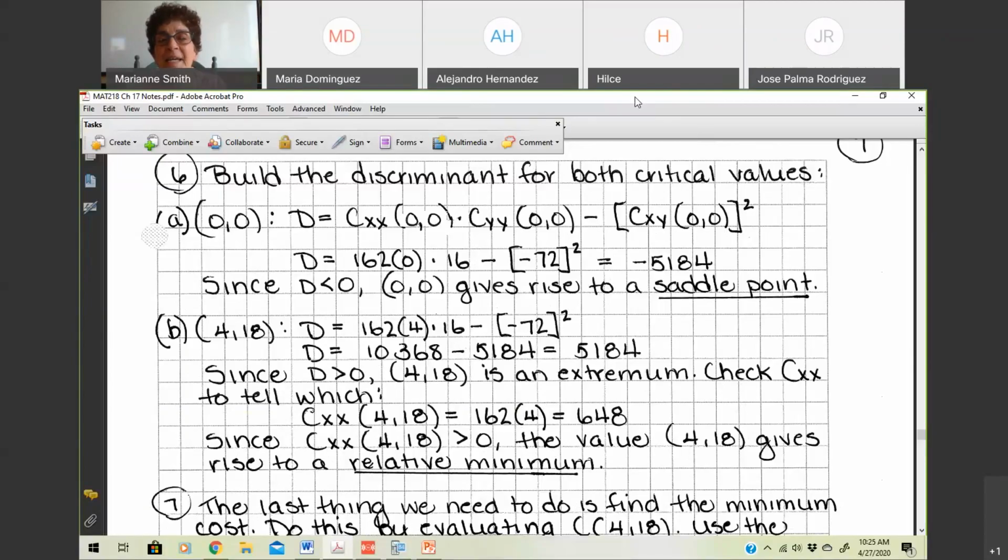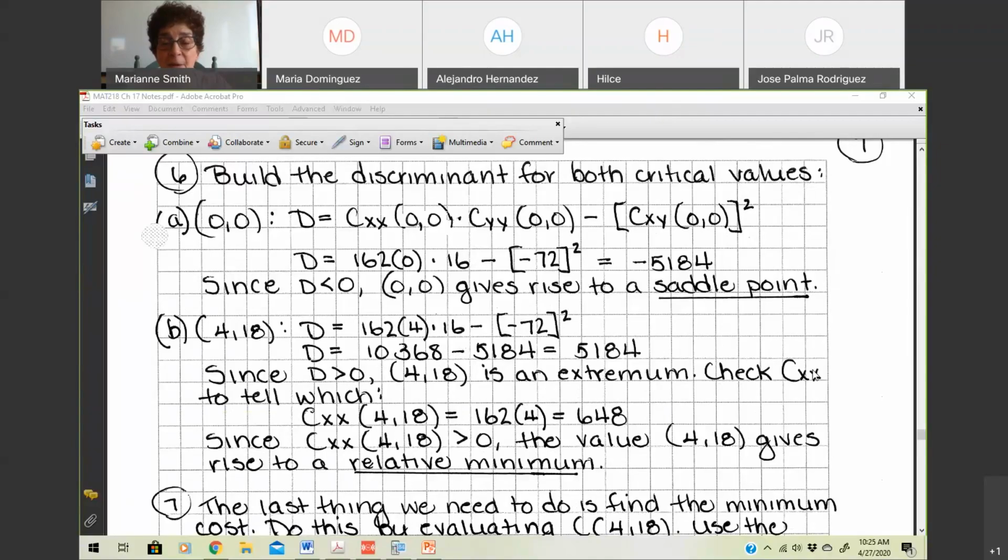Everybody understand how I got the relative minimum? Okay, everybody understand how (4, 18) gives you a minimum? Okay, so it's a two-stepper. You first got to check D, then you check F sub XX.